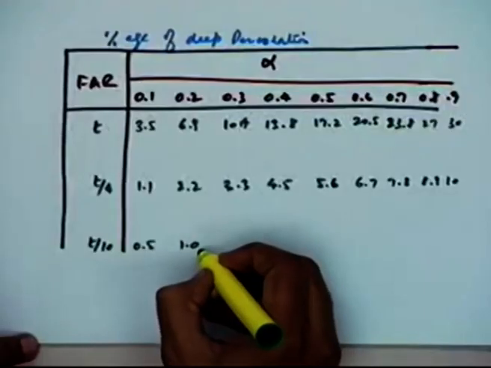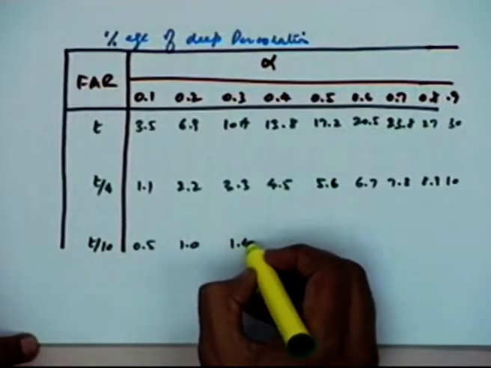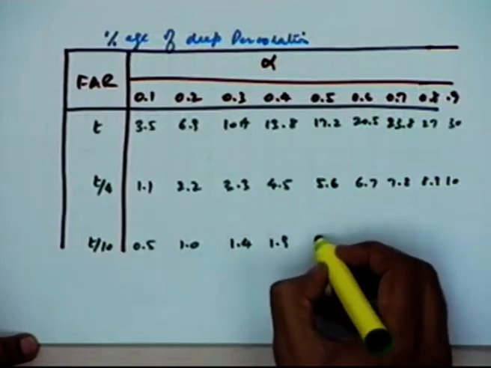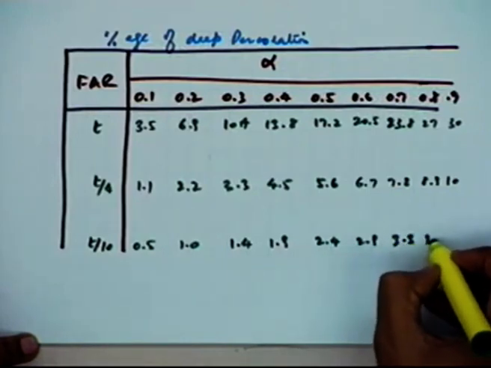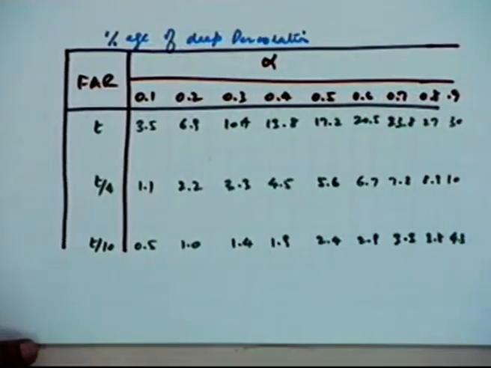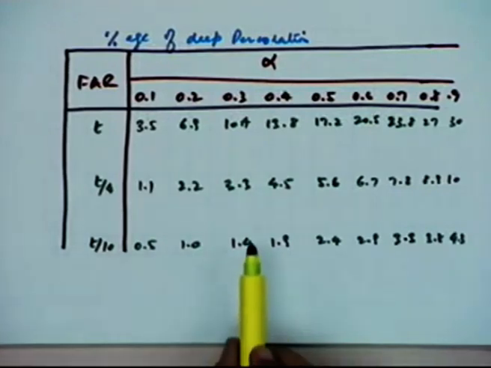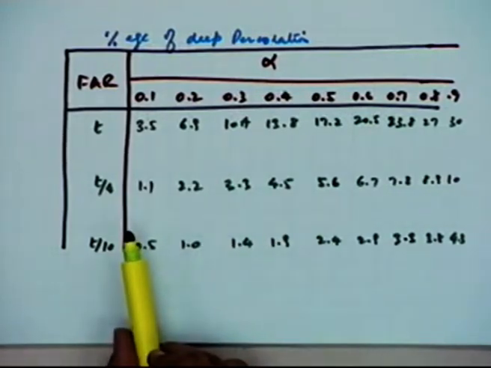So in this particular case, your deep percolation losses will be still smaller.